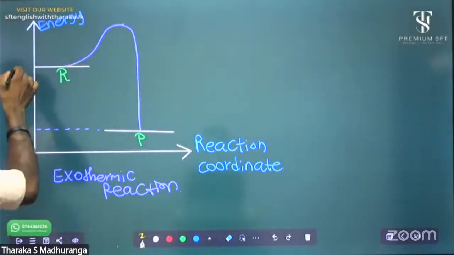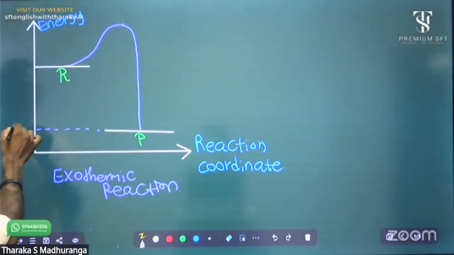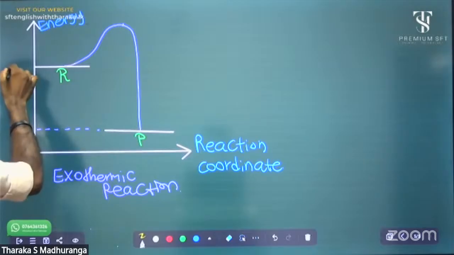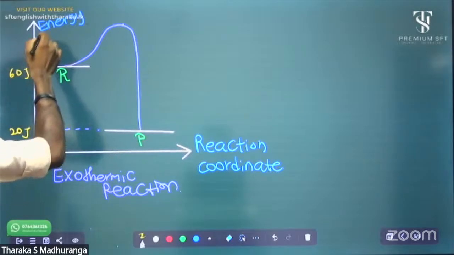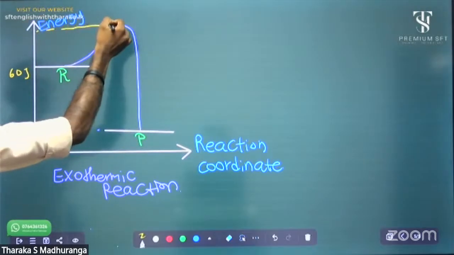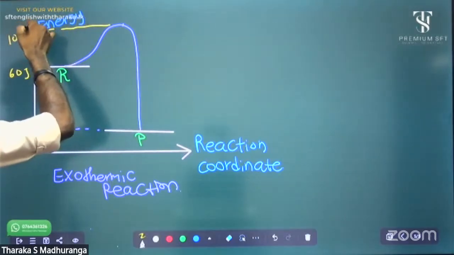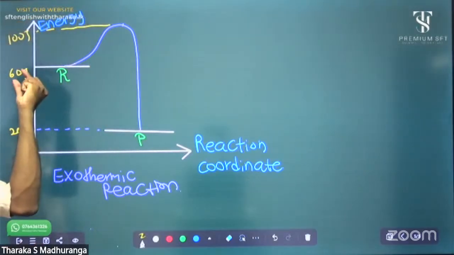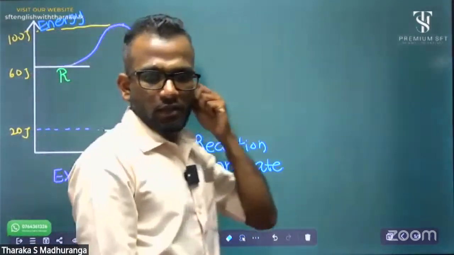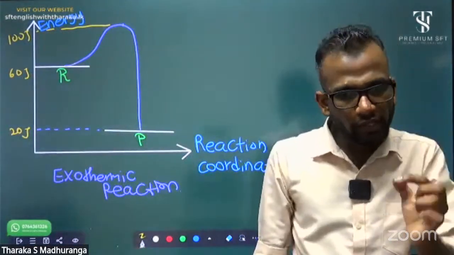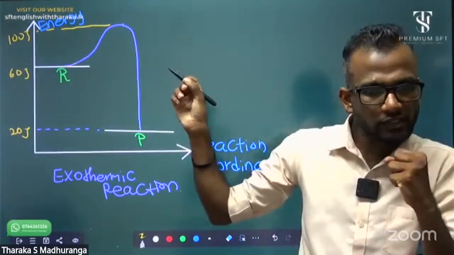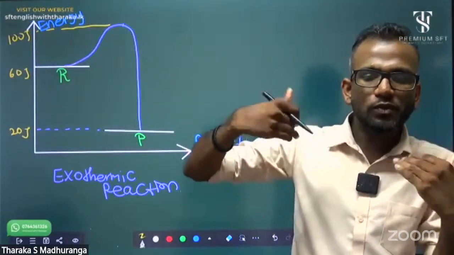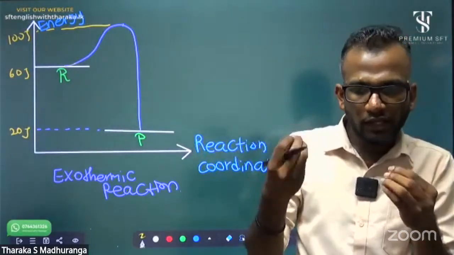Think initial reactant molecule, then product, let's say here 20 joules. It's 60 joules. Think it is 100, the activation energy for this reaction is 100 joules. The reactant molecule is initially 60, right? If any molecule is to participate in the reaction, they need to increase due to kinetic energy.